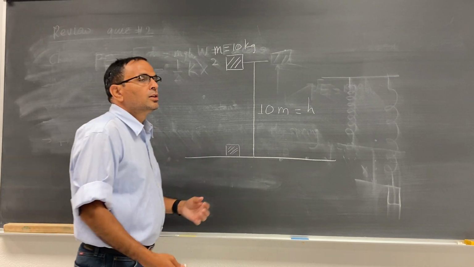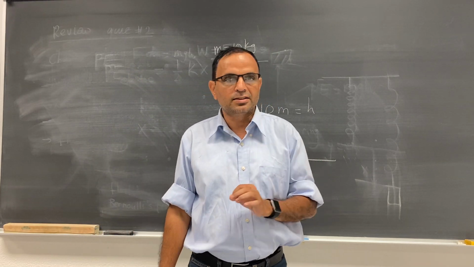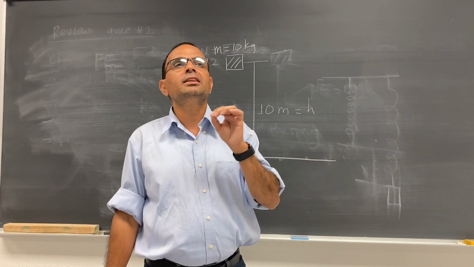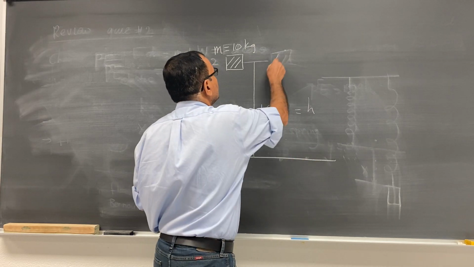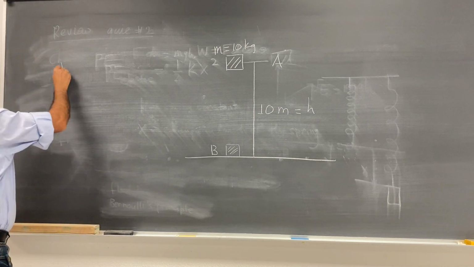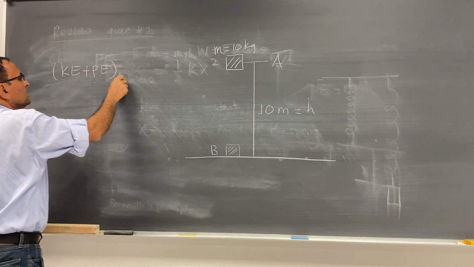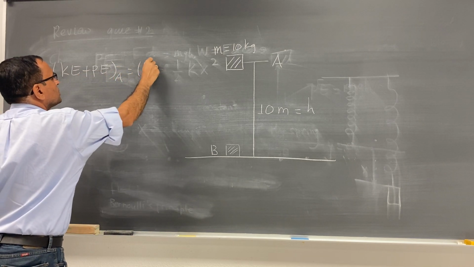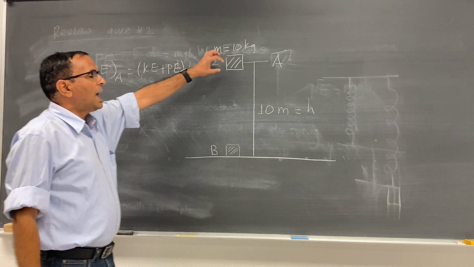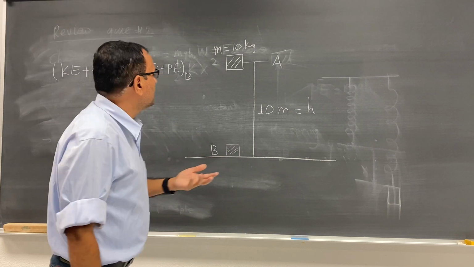So the idea is conservation of mechanical energy. If we ignore air resistance, the sum of kinetic energy and potential energy remains constant. If this is point A and this is point B, then kinetic energy plus potential energy at point A equals kinetic energy plus potential energy at point B. I release the object, so the initial velocity is 0, and the initial kinetic energy is 0.